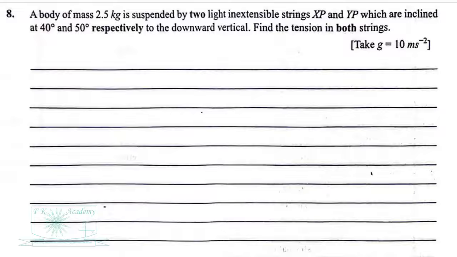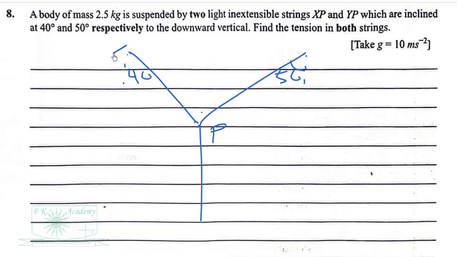So we have the first string, the second string. The vertical here, we have 50, we have 40, and we have the weight of the particle P. So we have X, Y.